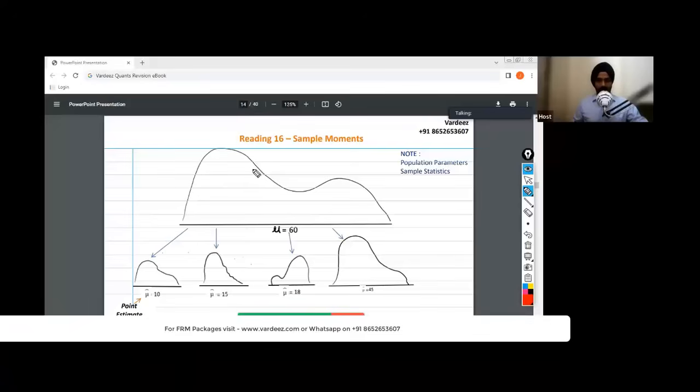All right, so let's start with another chapter, reading number 16, which is sample moments. It's really important that we understand sampling and so on. This chapter focuses on that and gives you the basics about sampling, which is actually used a lot.